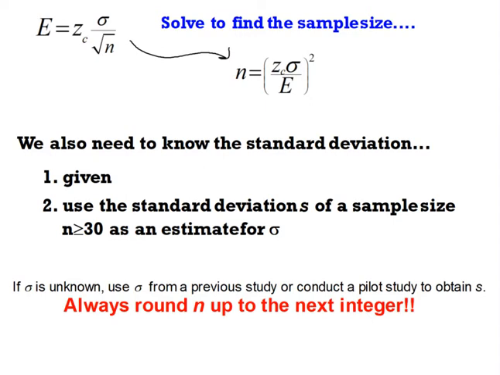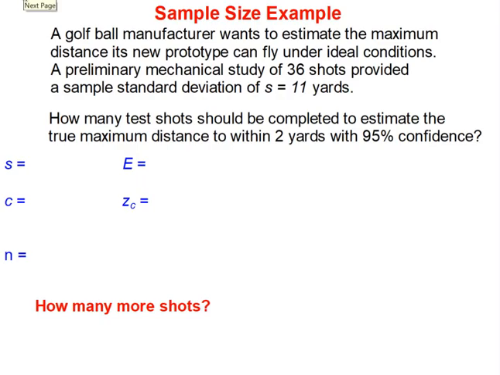So my scenario is I've got a golf ball manufacturer who wants to estimate the maximum distance its new prototype can fly under ideal conditions. A preliminary mechanical study of 36 shots. Okay, 36 is bigger than 30, so we're going to end up using this S as a good estimate for our population standard deviation.